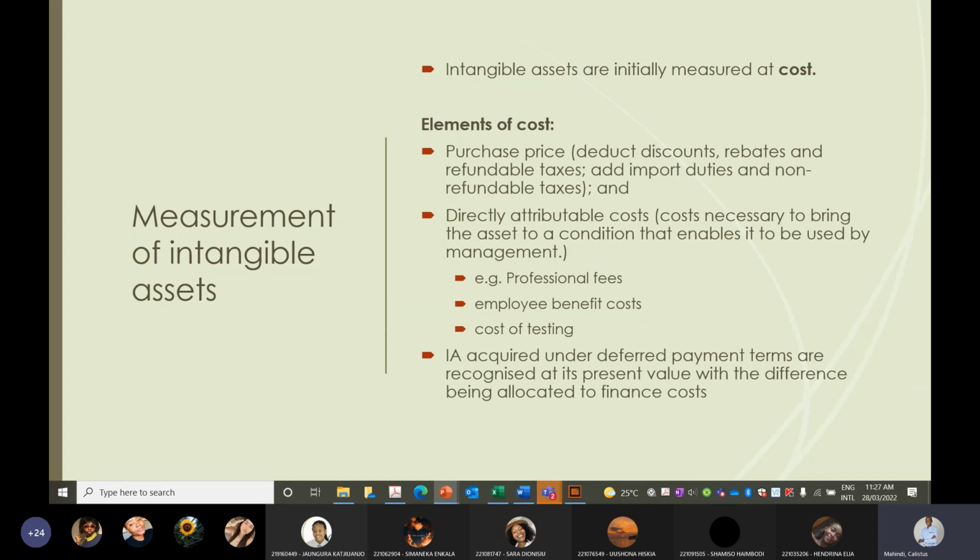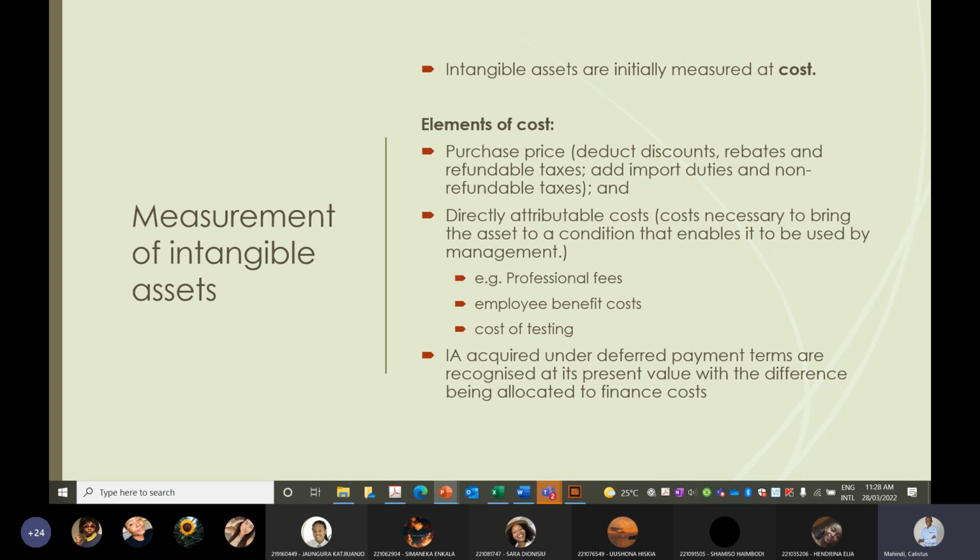Intangible assets acquired under deferred payment terms are recognized at their present value. When we talk about deferred payment terms, we already did this when we dealt with PPE. If you pay it over a period of time, an extended term. So let us say you're supposed to pay this within 30 days, maybe you've been granted 90 days, or a year, you will have to find the present value of that amount in order to calculate the actual cost of the intangible asset.